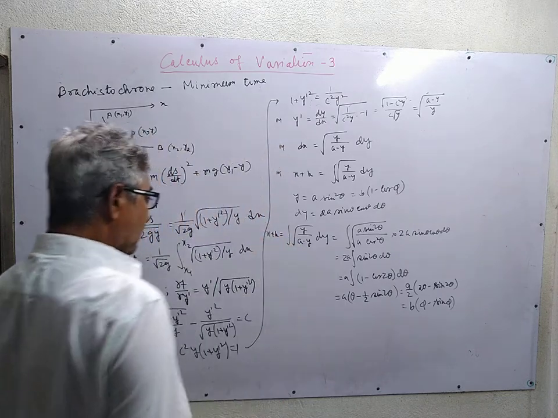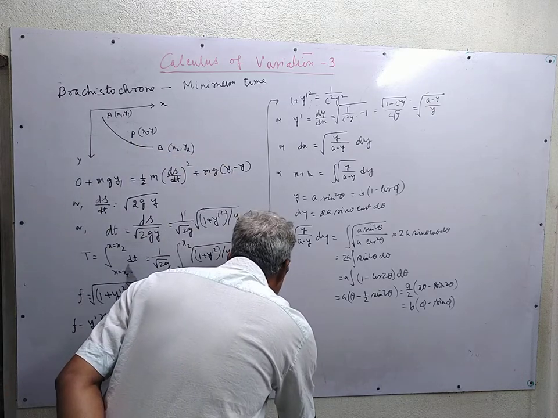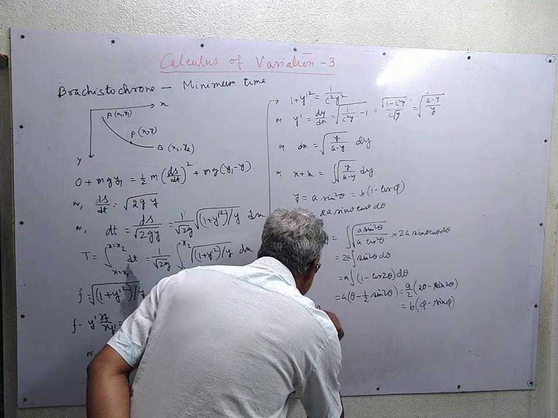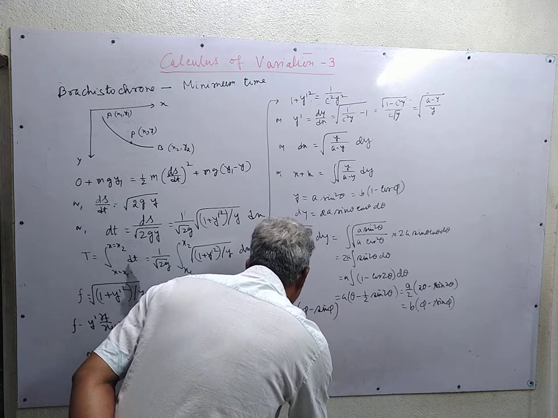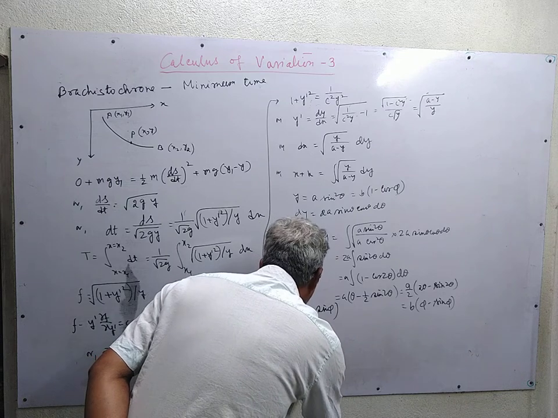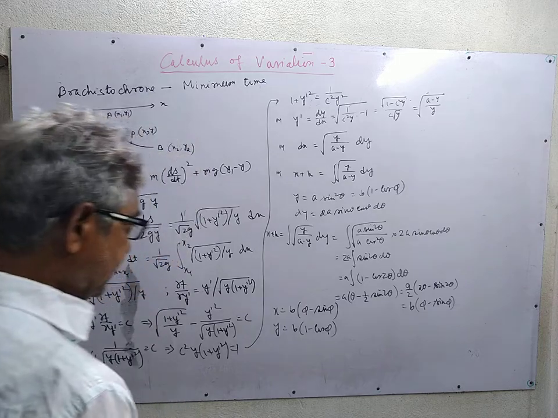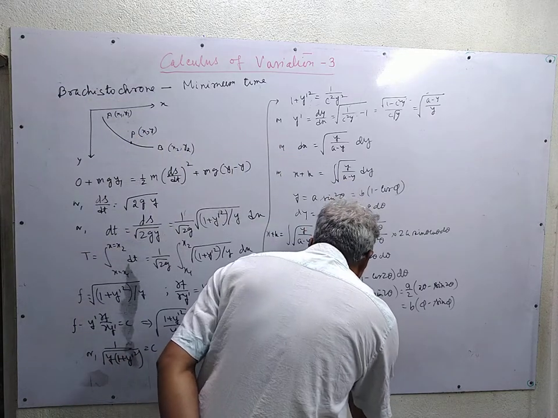If we choose the constant k to be 0, then we have x is equal to b times phi minus sine phi, and y is equal to b times 1 minus cos phi. This is known as the cycloid.